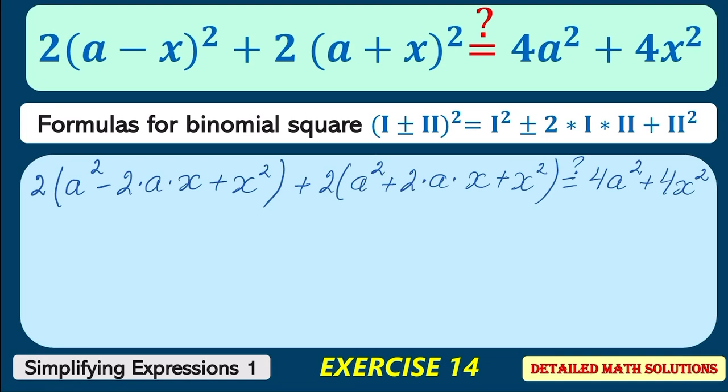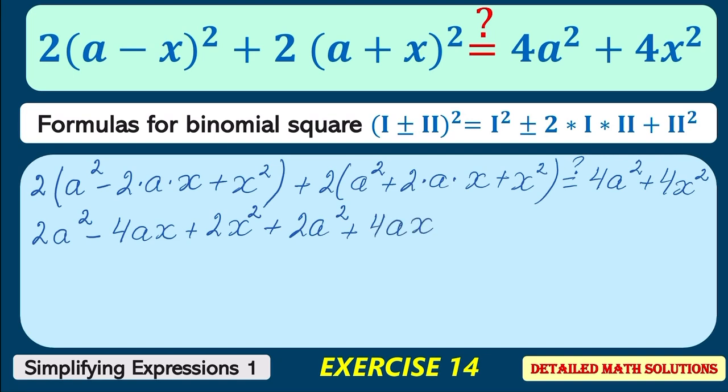Next, I'm going to again open parentheses and simplify further. When I do that, I get 2a squared minus 4ax plus 2x squared plus 2a squared plus 4ax plus 2x squared.